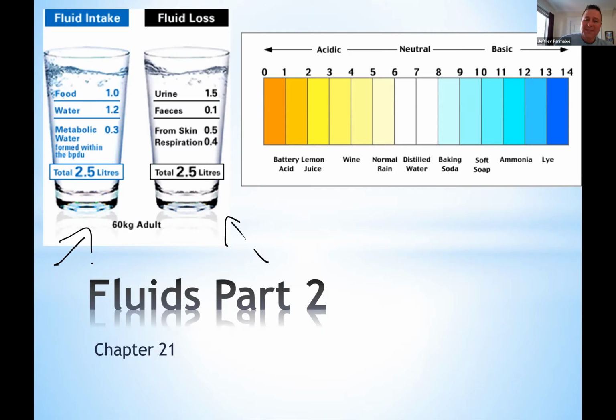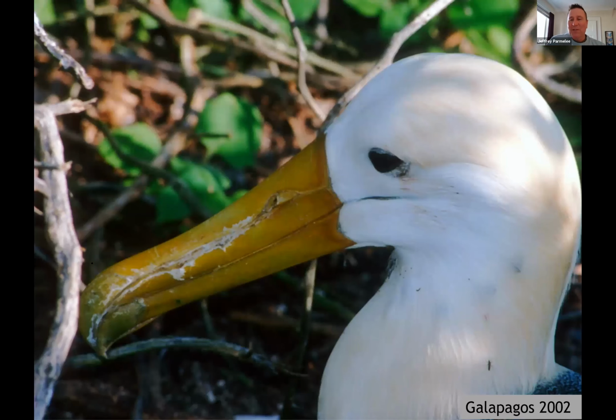All right. Took this picture of an albatross in the Galapagos Islands, and it's got these white crystals coming down its beak. And really that is salt. These birds are amazing. They can't even take off from the ground normally, they're so big, but they live on these islands with cliffs, and they spend most of their life just flying around the world on the oceans.